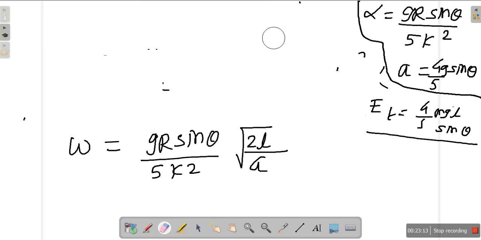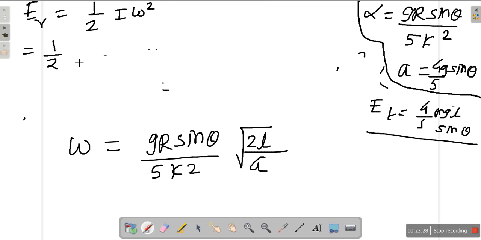It is given by half I omega square. Which is half I is mk square, and please see omega square carefully, otherwise it will push us into trouble.